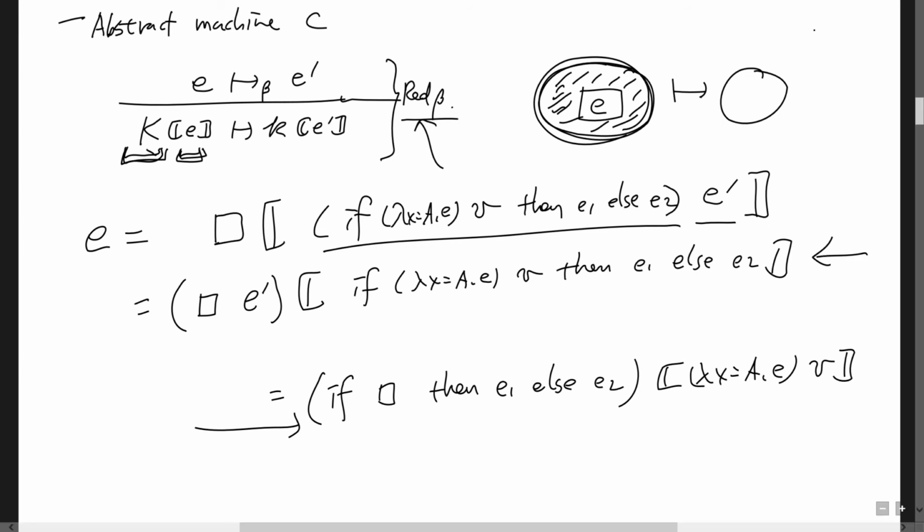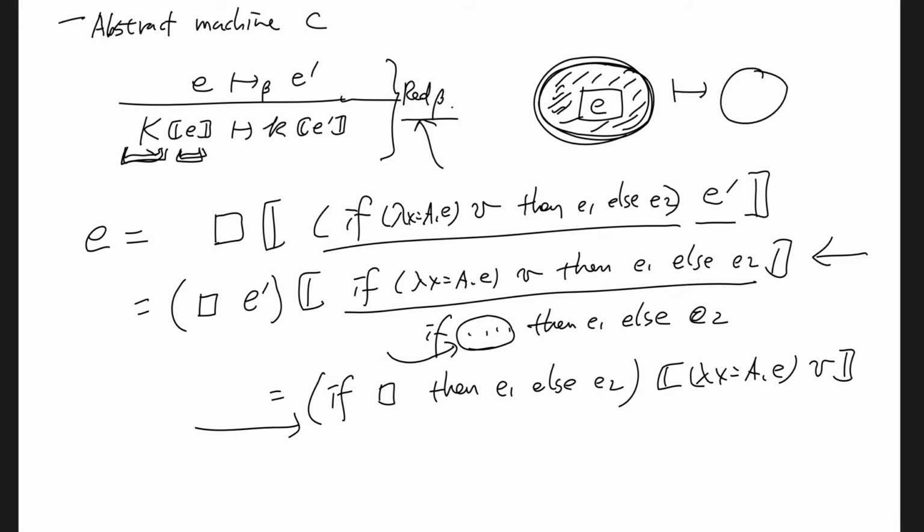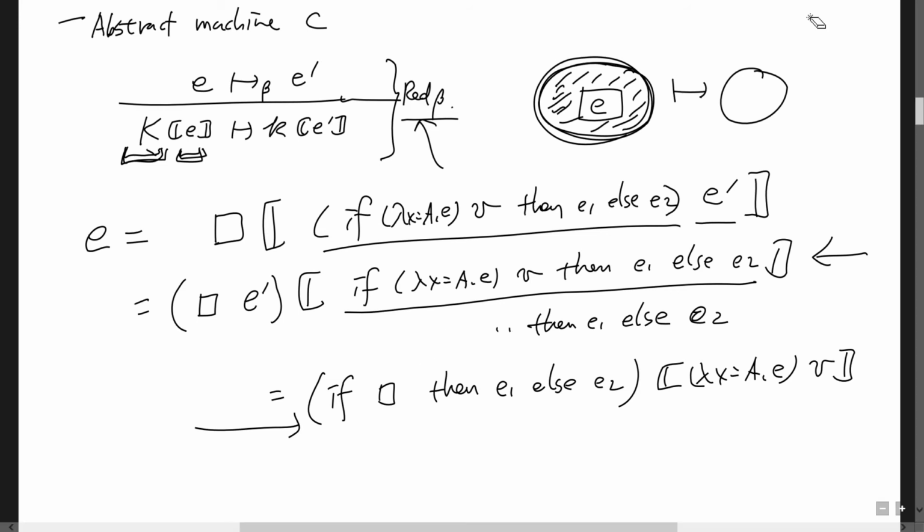Next, the machine analyzes this expression and then it finds that it is an if blah blah blah, then E1 else E2. And at this moment, it has no idea what kind of expression lies here. So the machine decided to go into this expression and analyze it. So it rewrites the evaluation context this way.